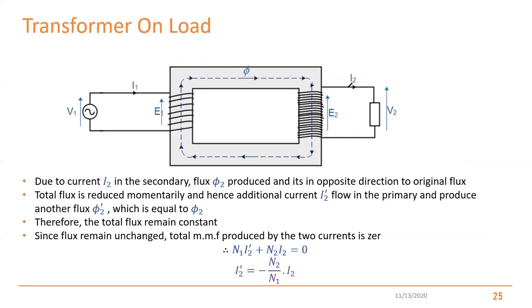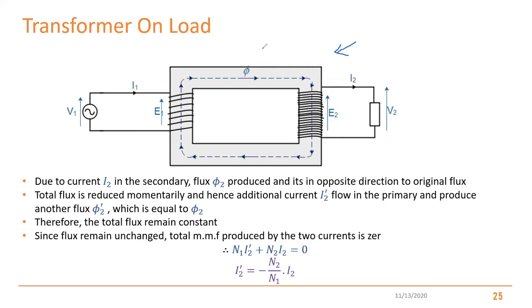Now let's see. This is the basic form of a transformer. There's a core, there are two windings, we have a load, and then we have an input power supply. E1 and E2 are the induced EMF in primary and secondary respectively.